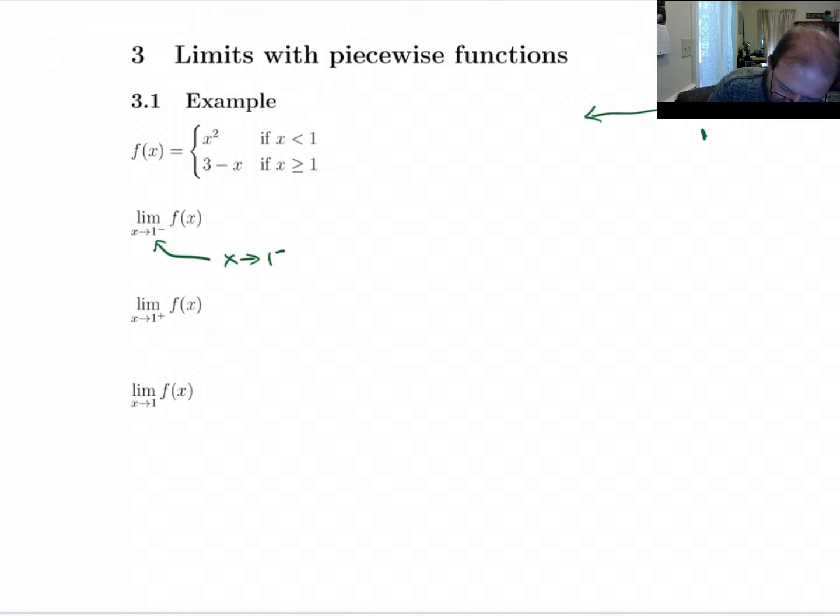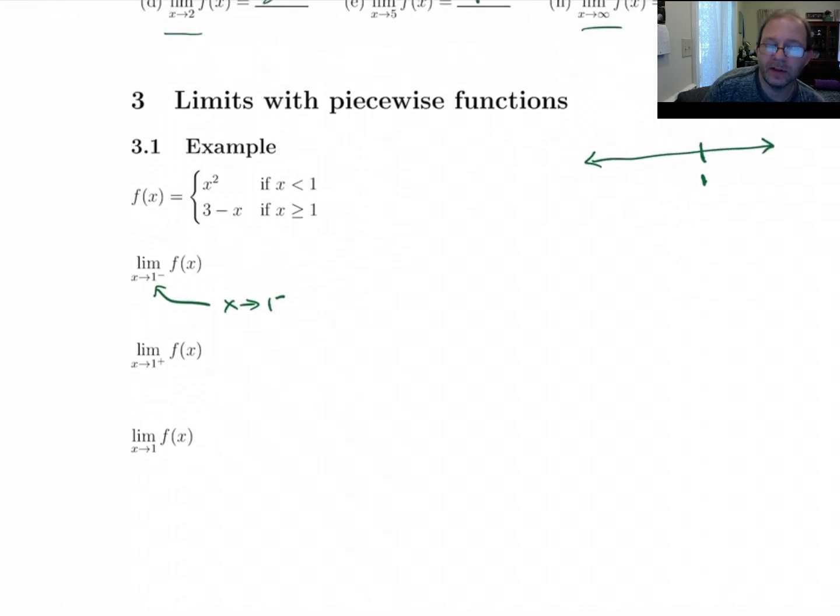So it's like x is coming in from over here. If you think about what that means, x is less than 1. So that means that we're going to be using the x squared. So this is equal to the limit as x goes to 1 from the left of x squared.